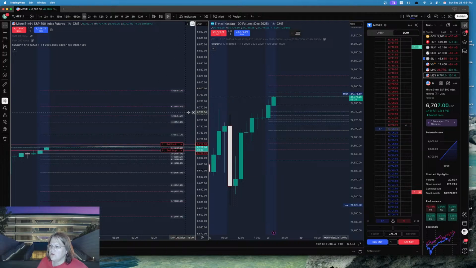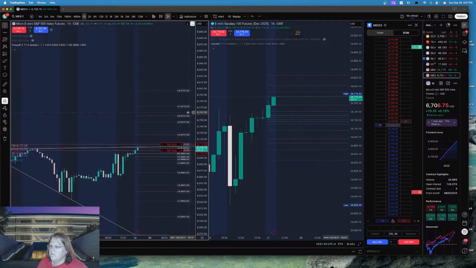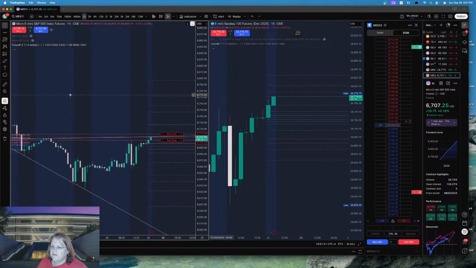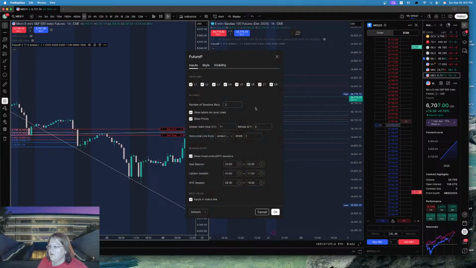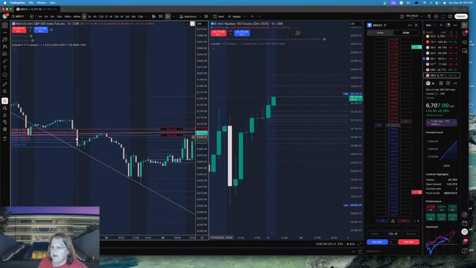67.97 and a quarter would be basically the highest calculation for the day there on ES. I think I've got mine turned off where it will go back and look 2 or 3 sessions. Yeah, I've got it back for 2 sessions. I think it can go up to 3 sessions back. So we'll just see right here.